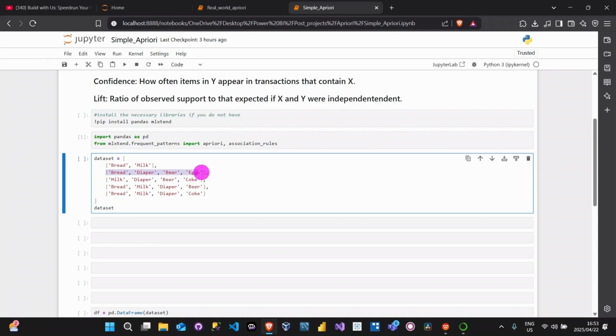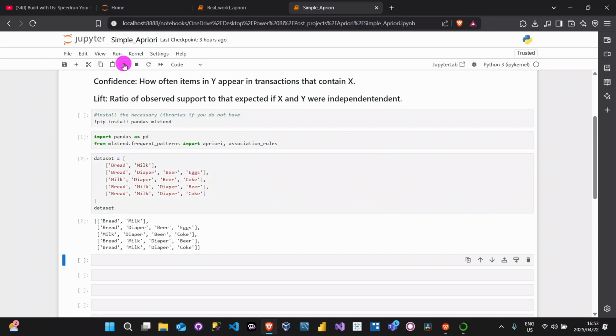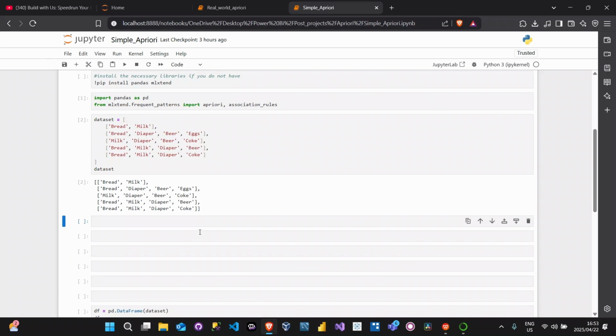Our next customer buys the second observation, up to the fifth customer. These are the small products that we would want to analyze using the a priori algorithm. I'll run this. It brings about an output of a list within a list. This is the observation that we'll be dealing with in this video.